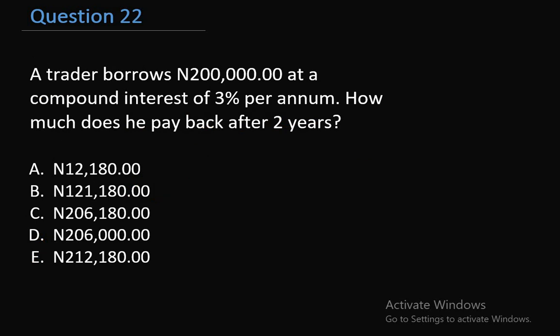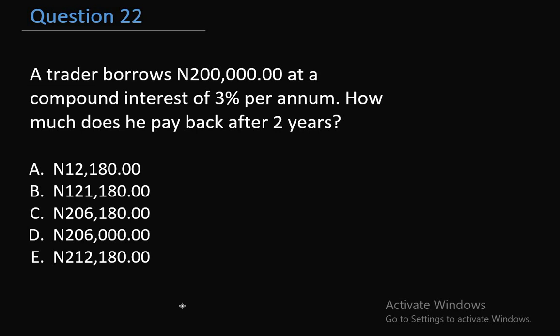Question 22. A trader borrows 200,000 at a compound interest of 3% per annum. How much does he pay back after 2 years?